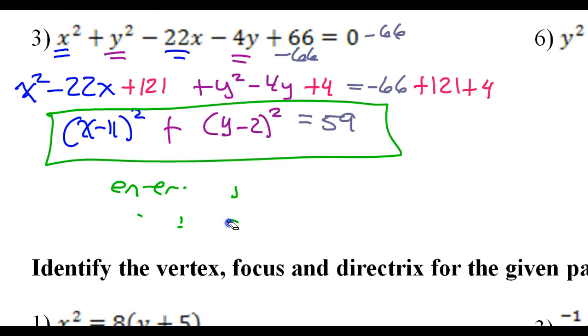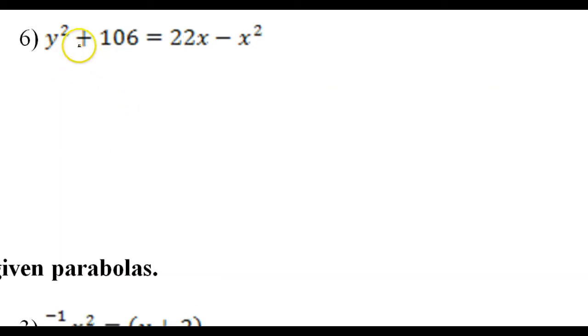All right, let's do number 6. We need to get the x squared term over here on the left. So I'm going to add x squared to both sides. And we need to move the 22x over to the left as well. So I'm going to subtract 22x from both sides.